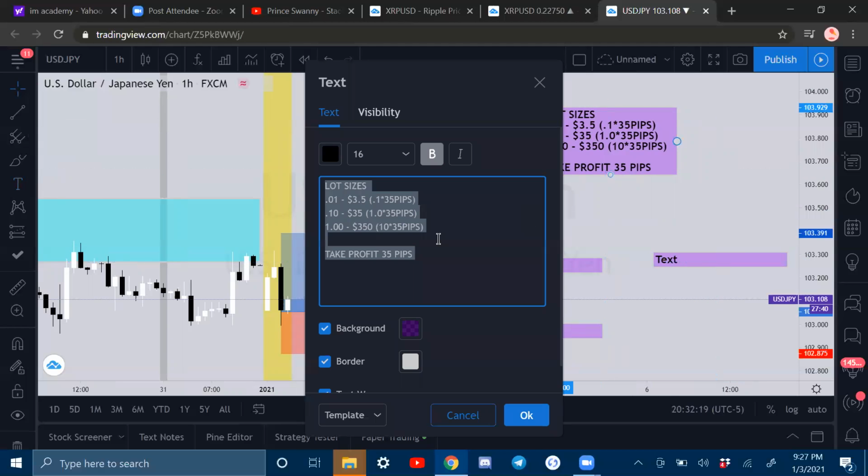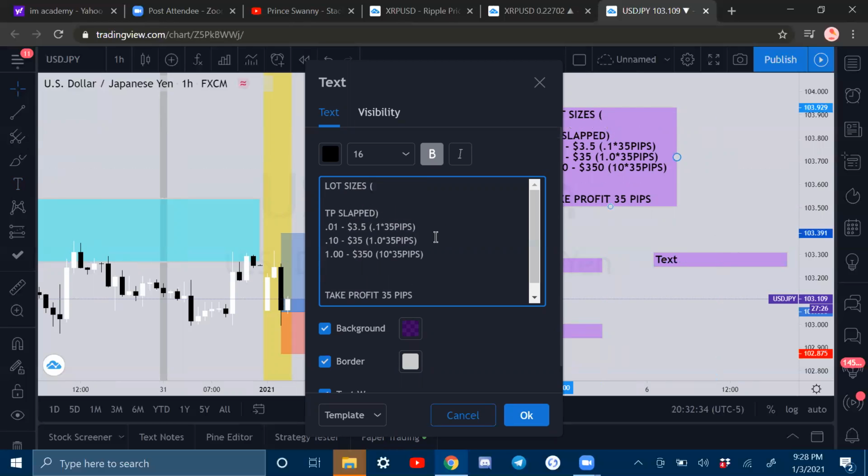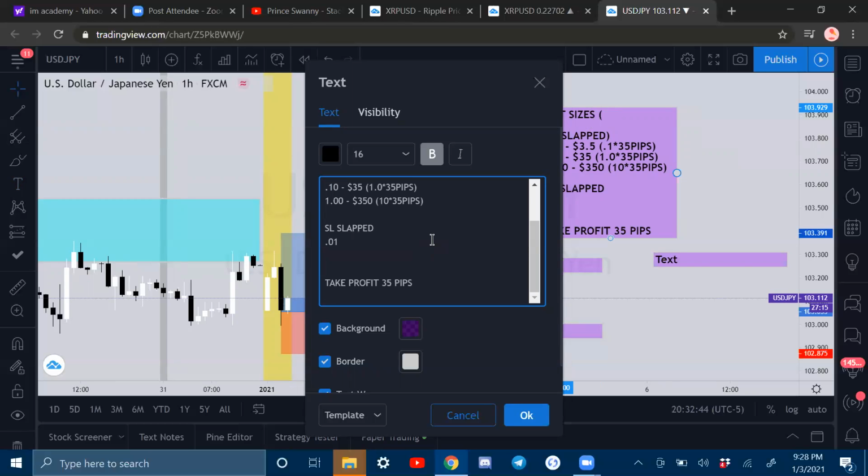Let's also calculate first before I do the spread. Let's calculate what we would lose. This is if TP slapped, right? So let's check if TP didn't get slapped. Let's see if stop loss got slapped. Stop loss slapped. 0.01. So the take profit is 35.